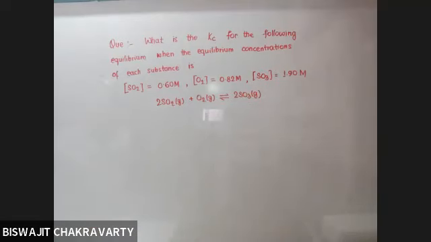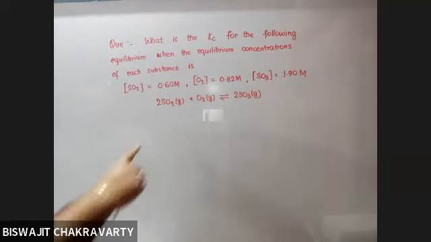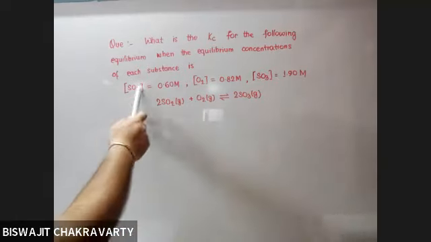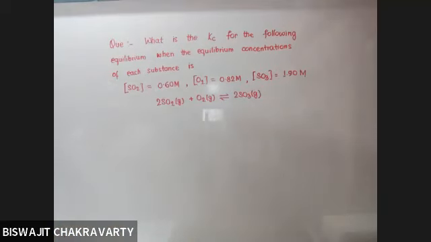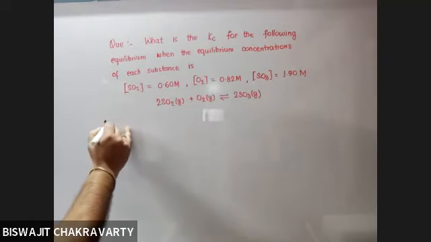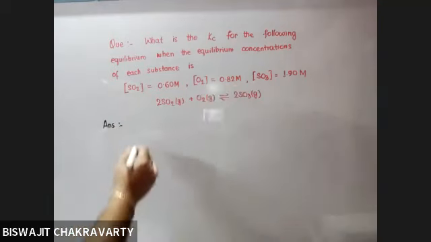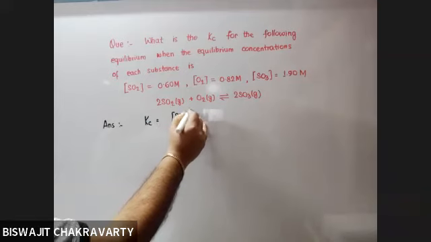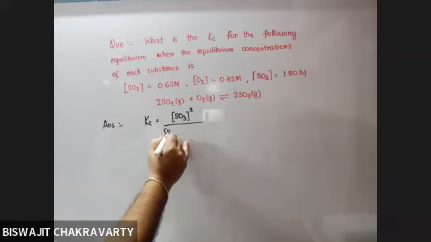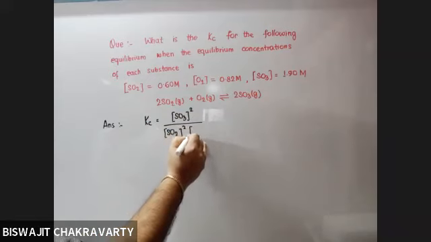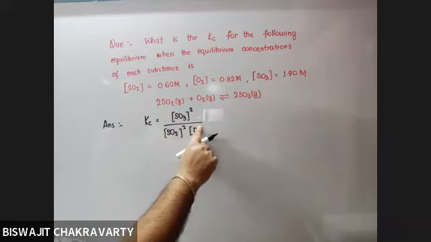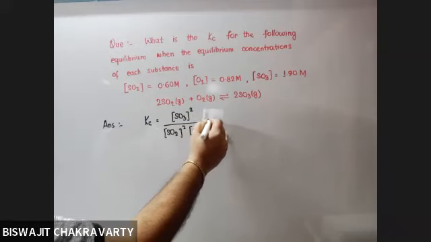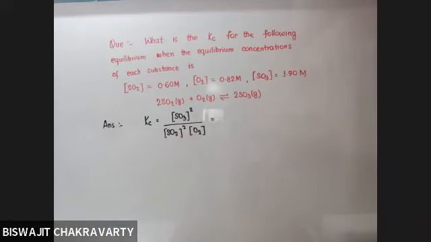So what is the Kc for the following equilibrium? The equilibrium reaction is this, and you are given the equilibrium concentrations. Very easy question. So how will you proceed? For this equilibrium, what is the Kc expression? [SO3] whole square divided by [SO2] whole square into [O2]. So put in the values and get me the answer.